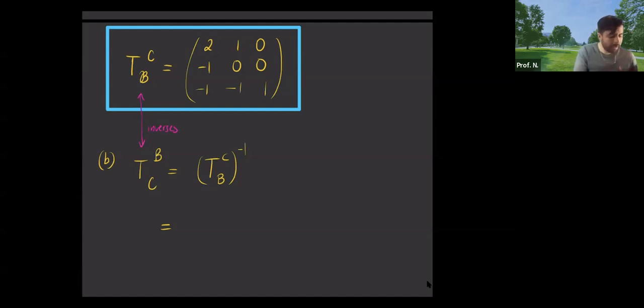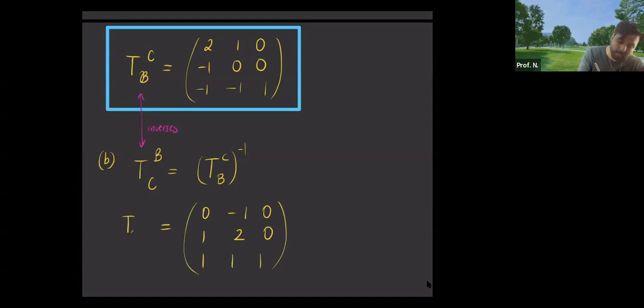Take the inverse of that, and what you get is 0, -1, 0, 1, 2, 0, 1, 1, 1. And that's all.